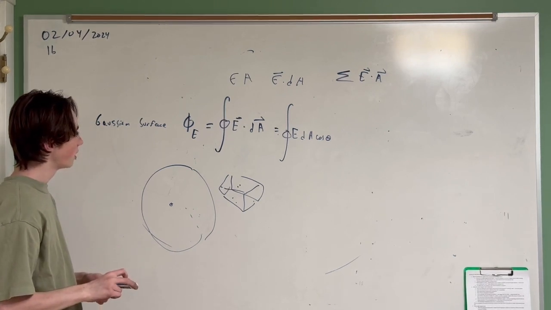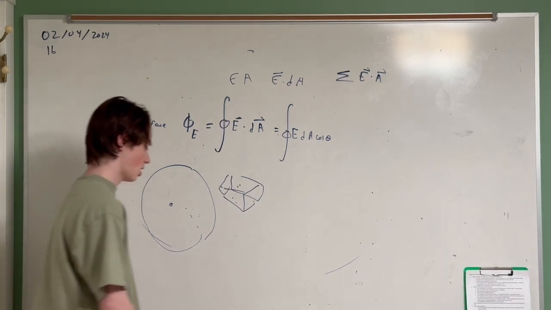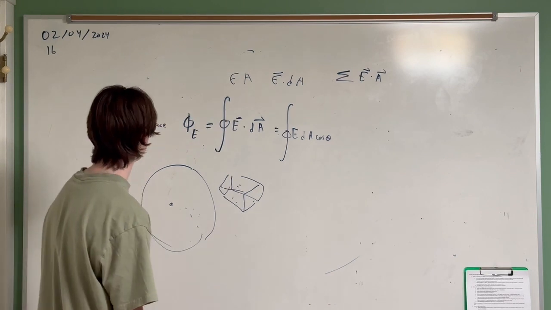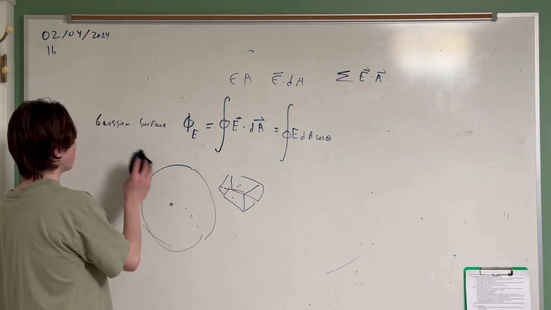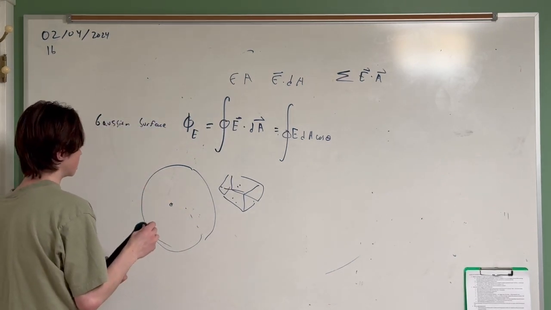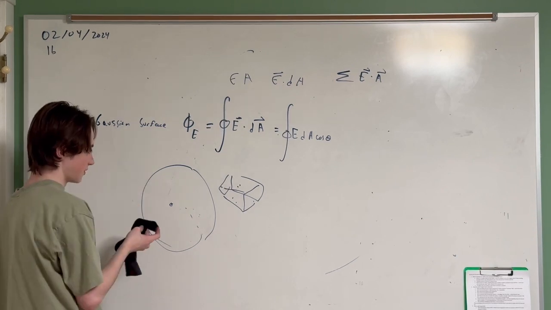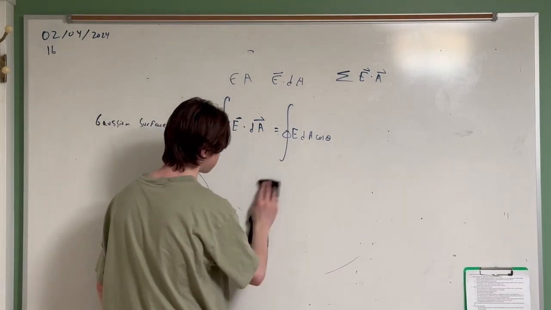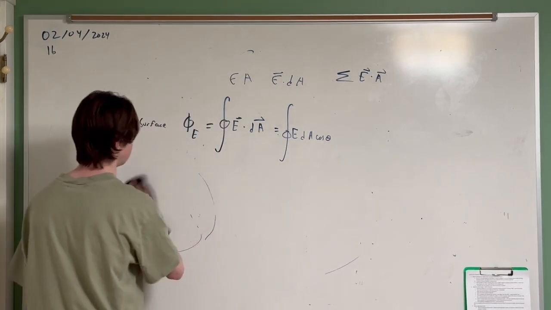So we're going to derive another formula for electric flux because there's a third one connected to a Gaussian surface. We're going to do that with this sphere.